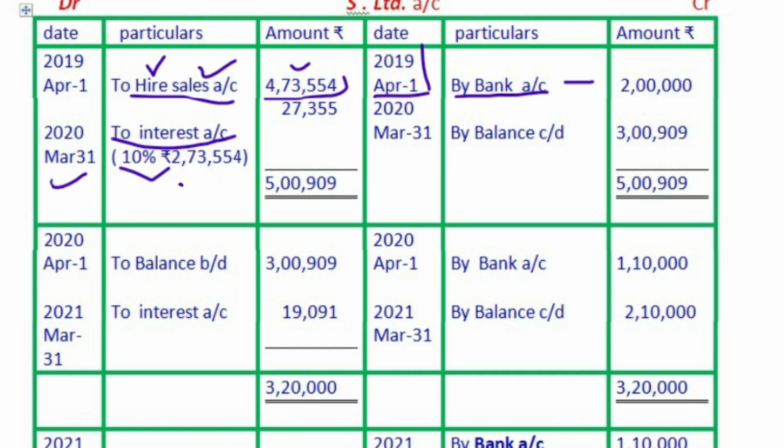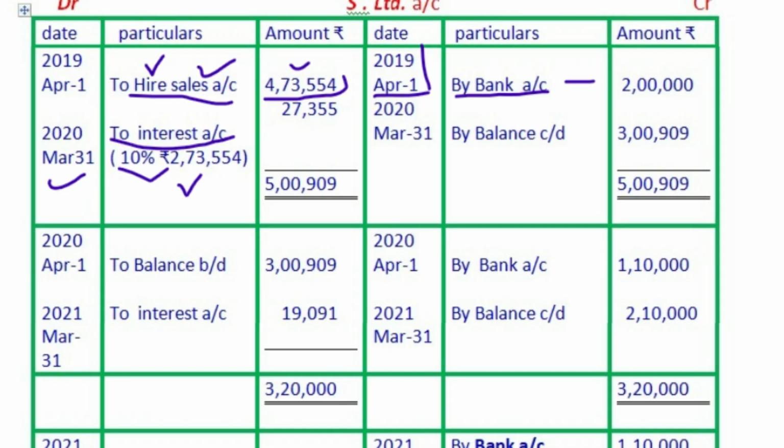When interest becomes due, K Limited passes the journal entry: S Limited account debit to interest account, and when it is posted into the ledger in the S Limited account, it will be on the debit side.